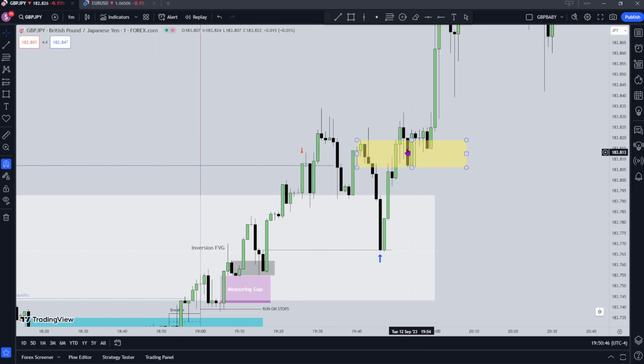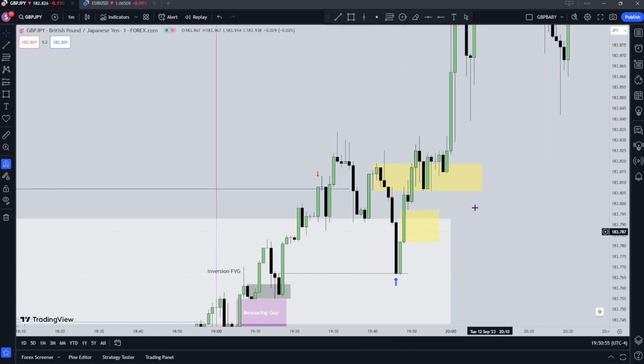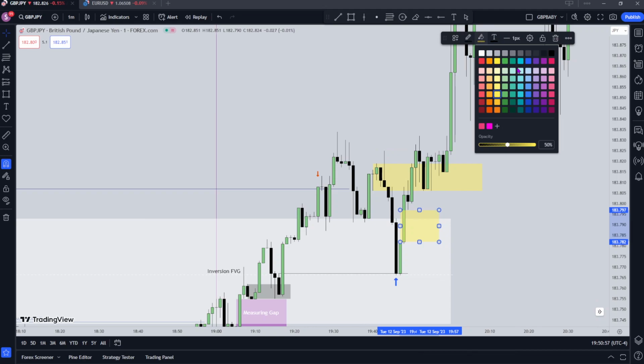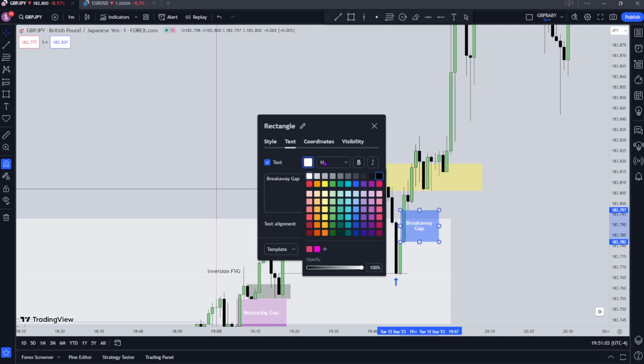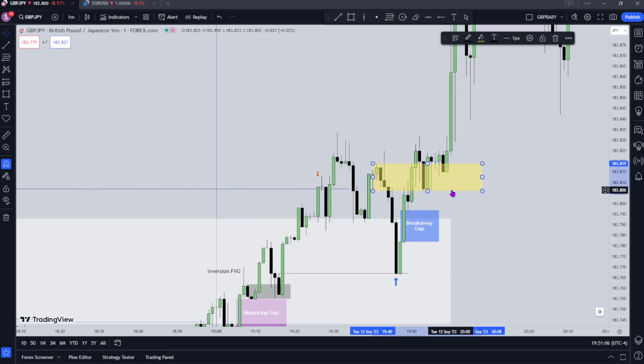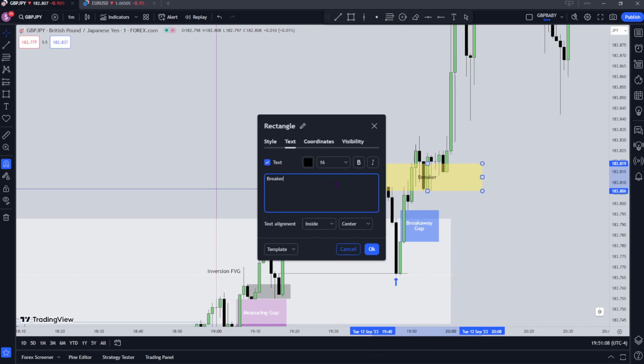You can see the areas getting balanced. We have another breakaway gap. What colour was my last breakaway gap? It was blue. Breaker and balanced price range.